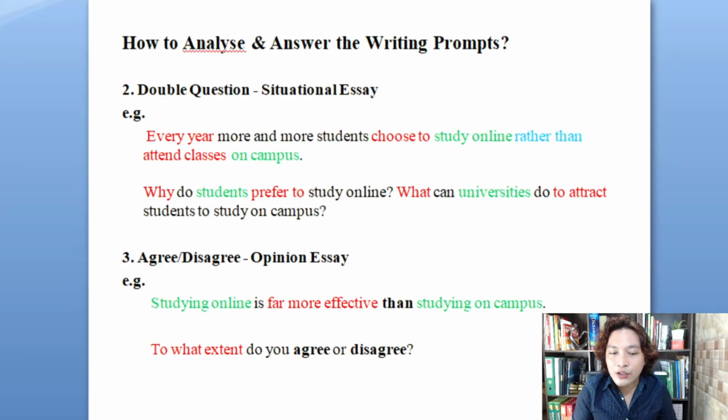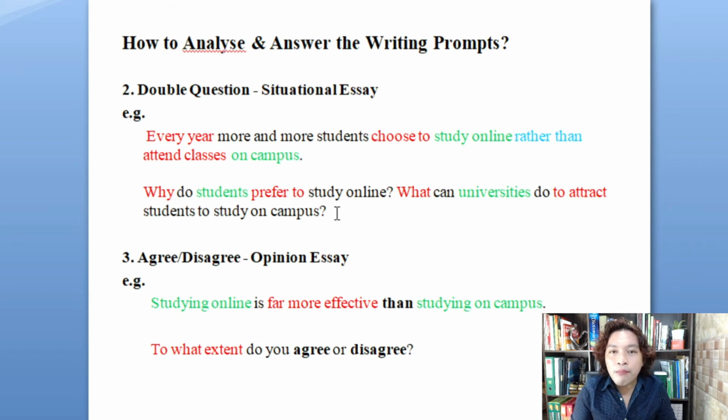Now, next, another IELTS question type is the double question, situational essay. Every year, more and more students choose to study online rather than attend classes on campus. Why do students prefer to study online? And what can universities do to attract students to study on campus? You can discuss this one in one paragraph, and this one in another paragraph.